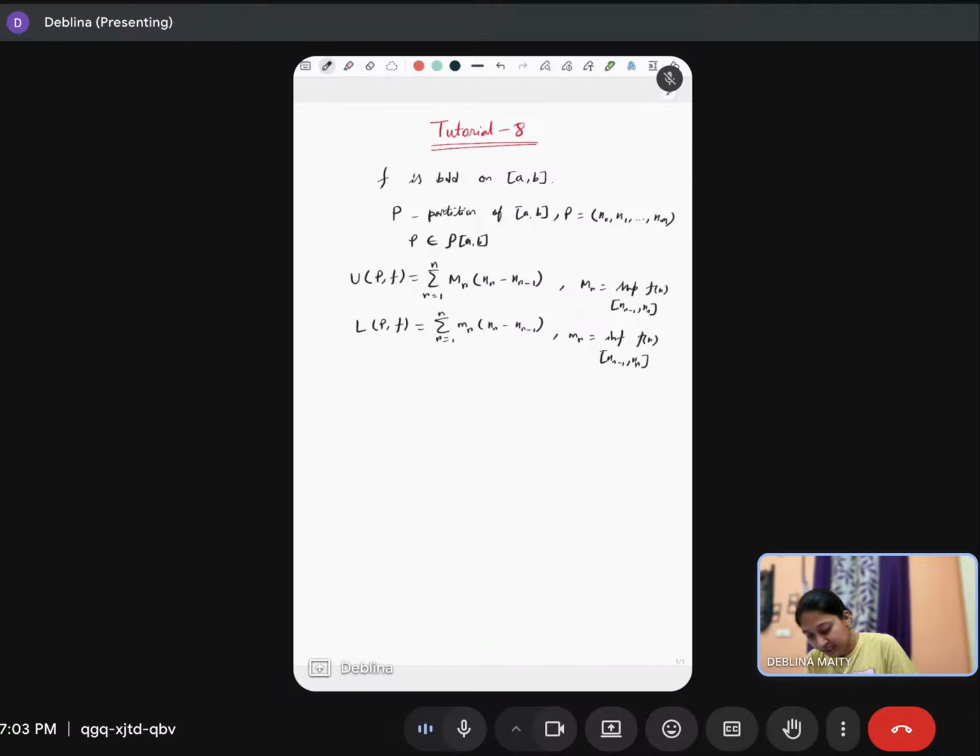And we have seen that m times (b minus a) is less than or equal to L(P, f), which is less than or equal to U(P, f), where small m is the infimum of f in the whole interval [a, b] and capital M is the supremum of f in the whole interval [a, b].